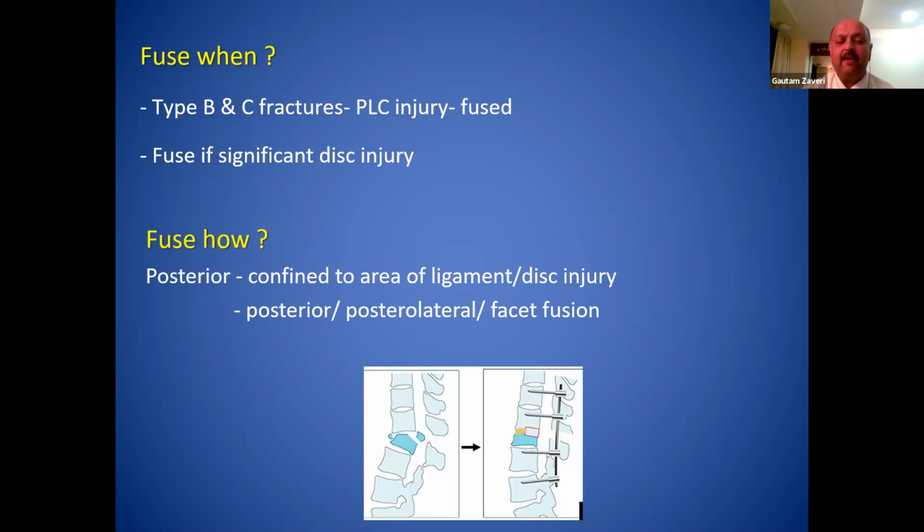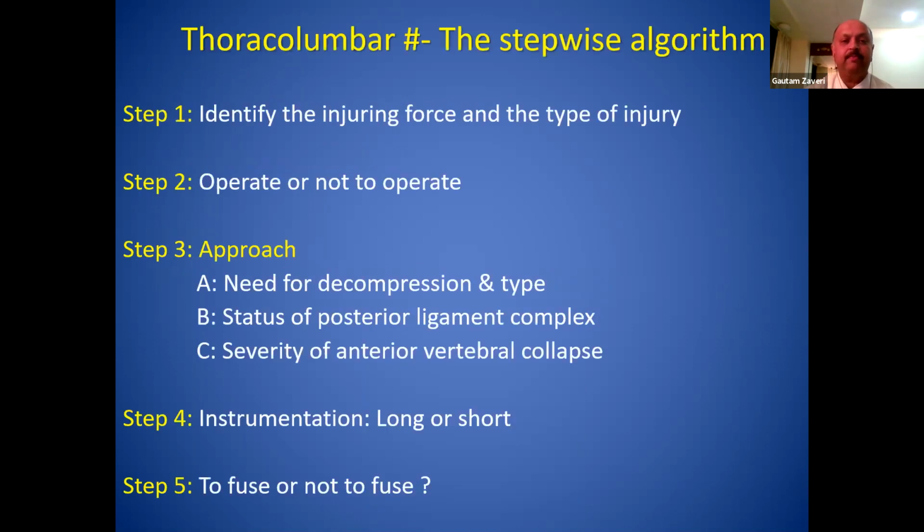Fusion can be done posteriorly. If you are not decompressing, you can do it between the spinous processes and laminae of adjacent vertebrae. You can do it posterolaterally through an intertransverse fusion, or one can do a facet joint fusion. Rarely, if there is severe disc disruption, one can do an intervertebral disc interbody fusion.